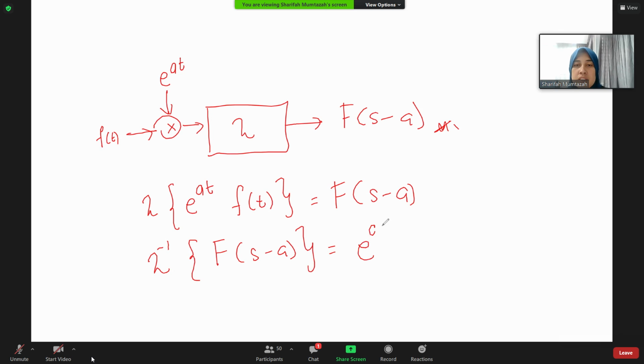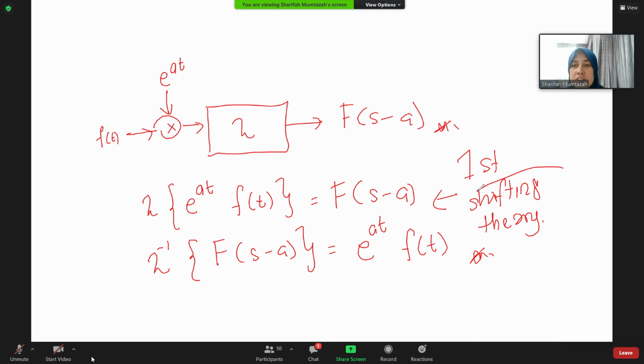So this is known as the first shifting theory. Why is it shifting? Shift means shifted.